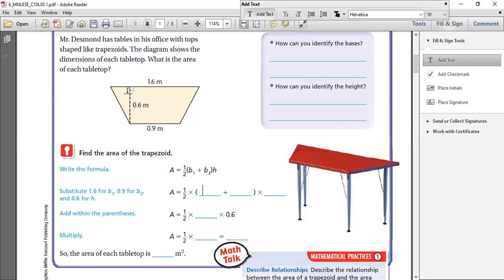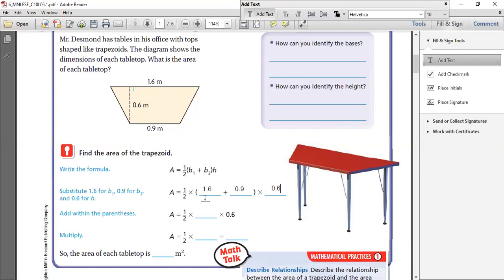Okay, so let's start. Here half is already in the formula. The base 1 is 1.6, base 2 is 0.9, multiplied by the height. Height is again 0.6.